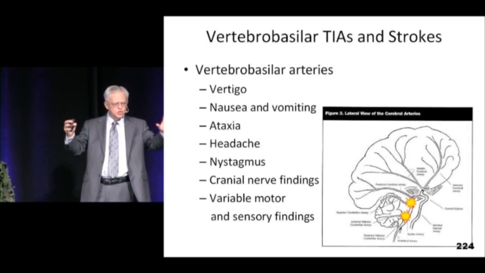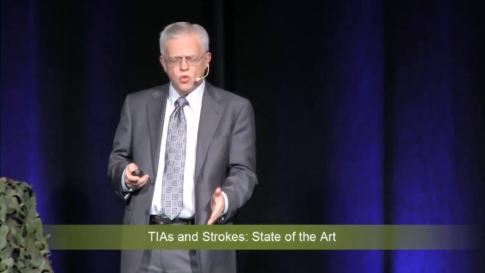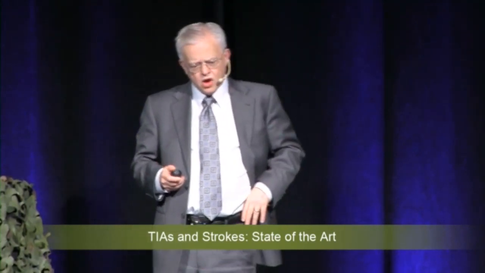Whenever you have two-sided cranial nerve findings, it's in the posterior fossa. Just like I said, whenever it's face on one side, body on the other, it's in the brain stem, almost always vertebral basilar system.